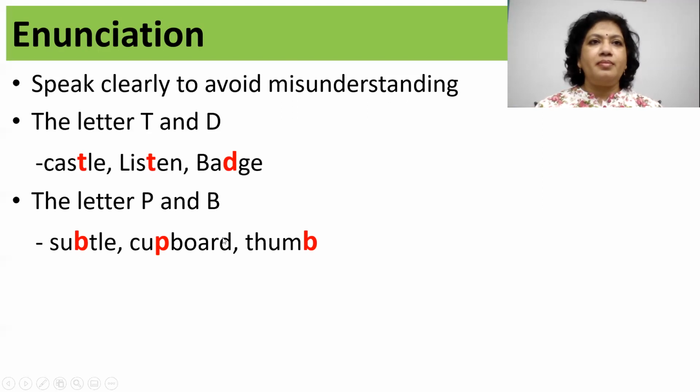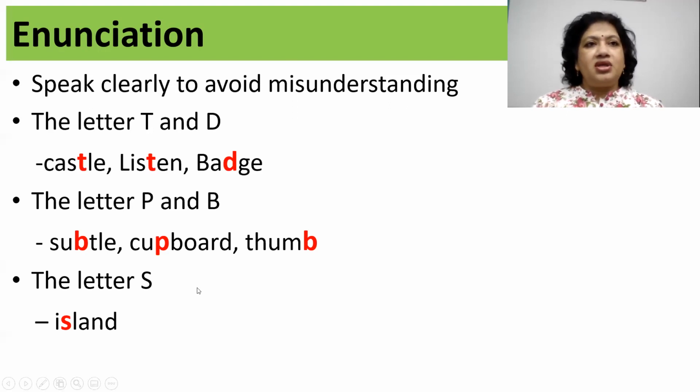Letter P and B. S-U-B-T-L-E. Whatever is in red color is silent. Subtle. It's not cupboard with a P, it's cupboard. Thumb. We don't say thumb with a B. If you want to say thumbs up, you don't say the B. Next, letter S. Island.